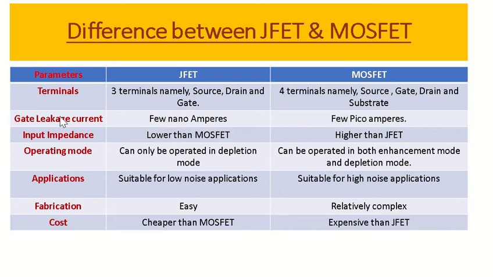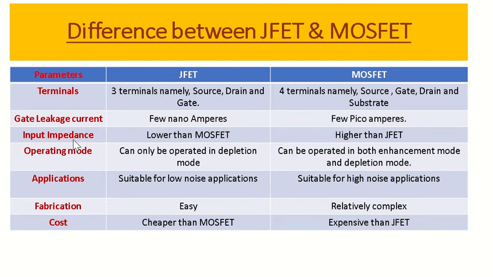So it is of the order of nanoamperes in case of JFET and picoamperes in case of MOSFET. So this is about gate leakage current. As I already told, the gate is one of the terminals in JFET as well as in MOSFET, and we are trying to understand the order of its leakage current.